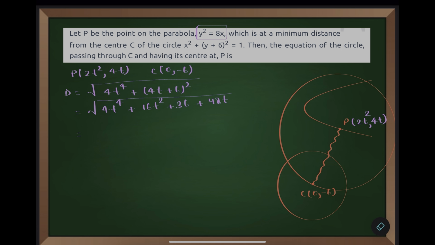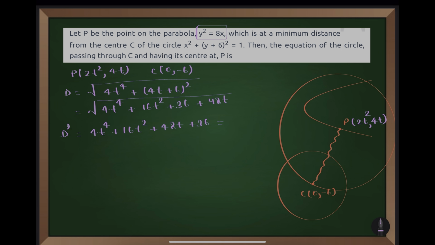Now look at this. We need to find out the minimum distance and maximum distance. So you know that minimum and maximum will be calculated from minima and maxima, and minima and maxima is calculated from where? Application of derivative, dy by dx equals 0. So we will apply that concept over here. So can I go with d square? It doesn't matter. So 4t⁴ plus 16t² plus 48t plus 36.